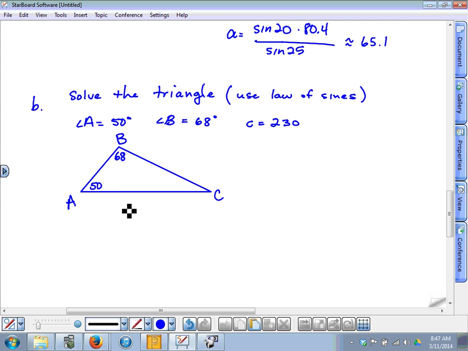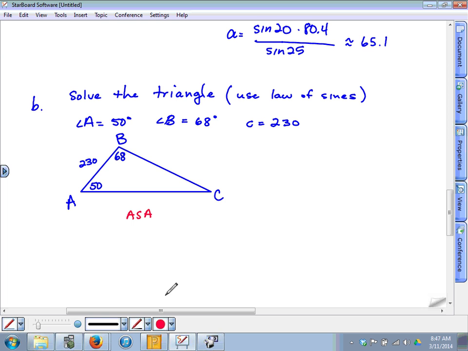This has got to be 68 degrees. Side c over here. So what case is this? This is angle, side, angle.